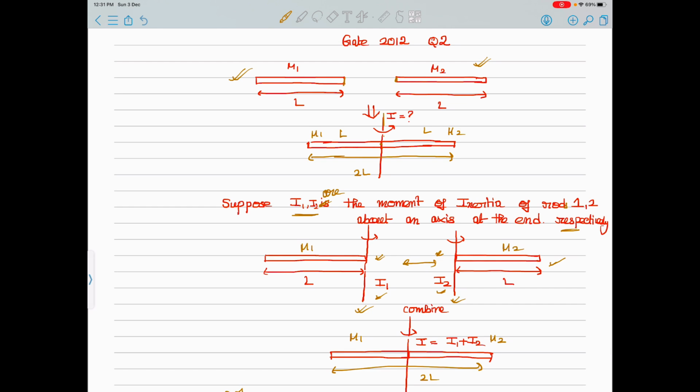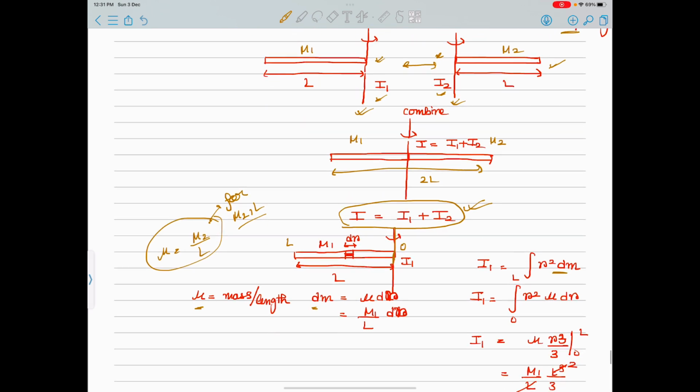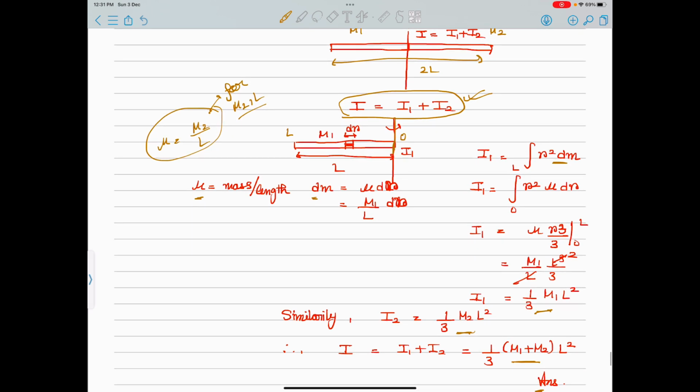This point is the end of this rod and the end of this rod, and hence this is the combination of the two moments of inertia I1 and I2, which comes out to be one third M1 plus M2 times L square.